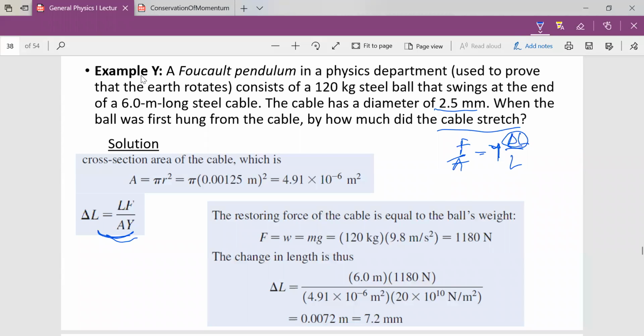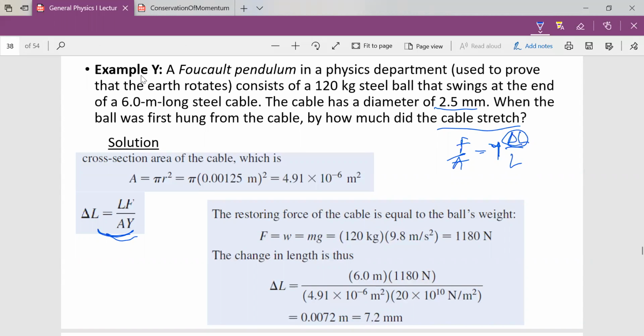So we just use the same equation of Young modulus, substituting our F, putting our K, then change in L, which we rearrange to get this. We made change in L the subject of the formula to get this equation.